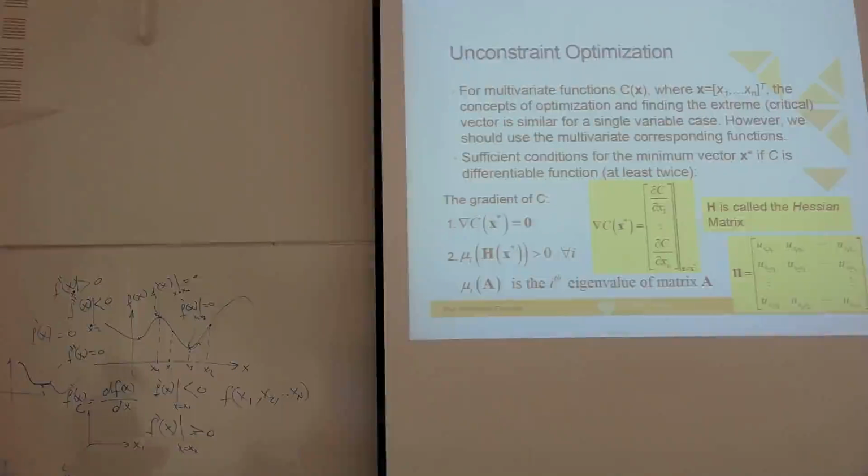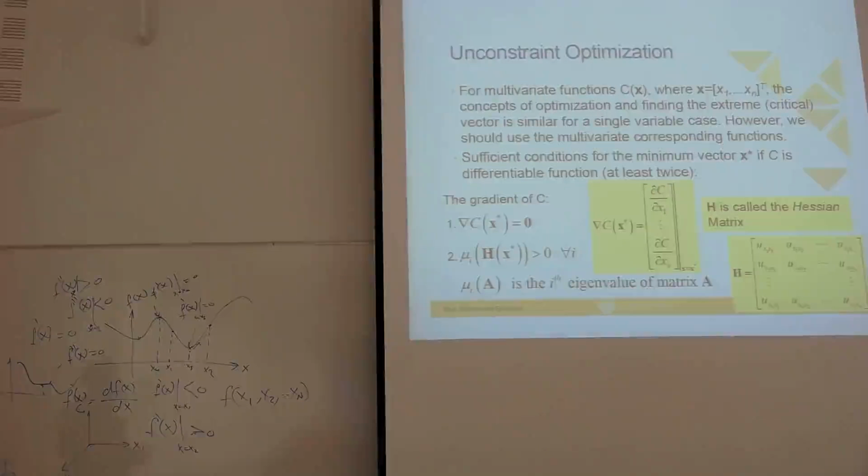In that case, as an extension of the single independent variable case, it is almost the same, but instead of talking about the derivative of one cost function, now we talk about the gradient. So the gradient of the cost function should be 0. What is the gradient? The gradient is nothing but a vector of the derivatives.